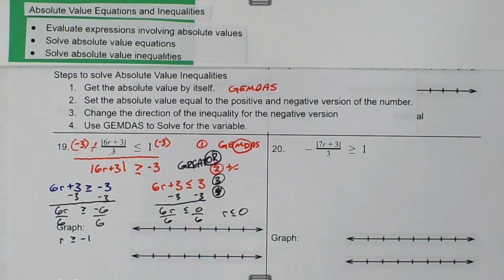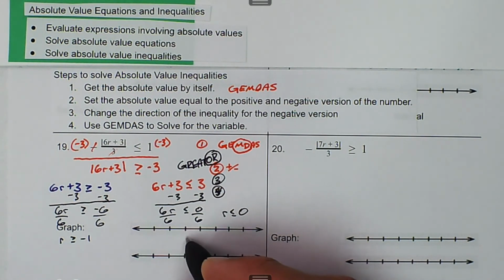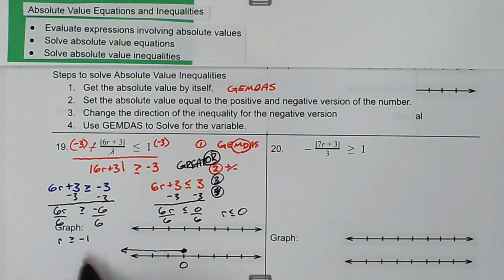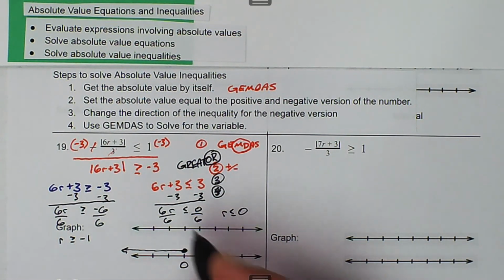And so when we go to graph this one, if it is less than or equal to 0, so let's put 0 right here, and it's a closed dot, and we're shading to the left, or r is greater than or equal to -1.